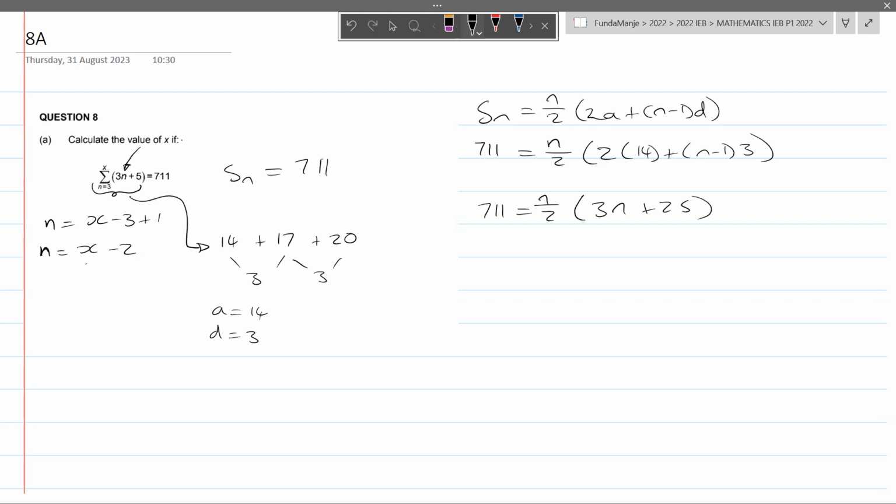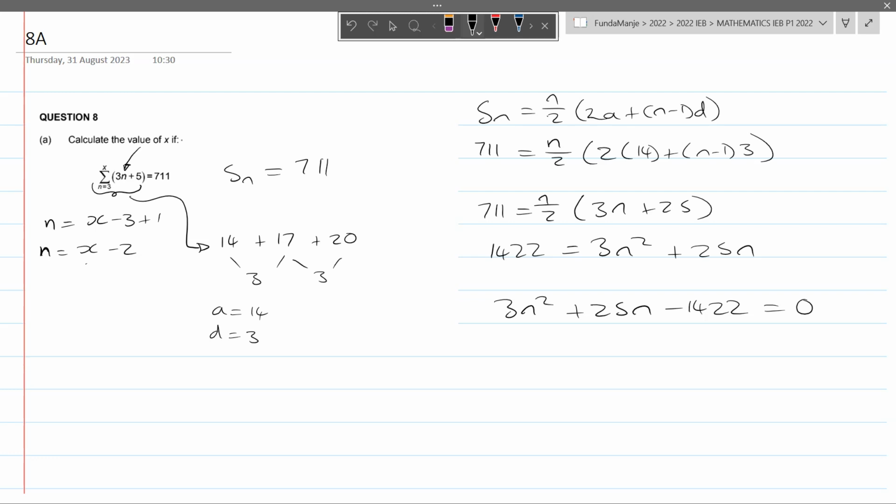And then we can multiply both sides by 2 now, and multiply this 2 inside. So if we take 711 and multiply it by 2, we get 1422 is equal to n times, we multiply that inside, we get 3n squared plus 25n. And then we can collect all the terms to one side such that we form a trinomial.